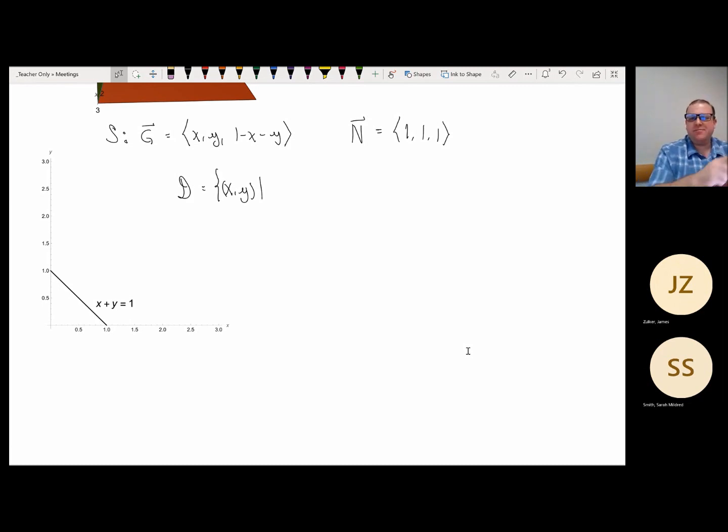Use that graph. What's the parameter domain? For what?